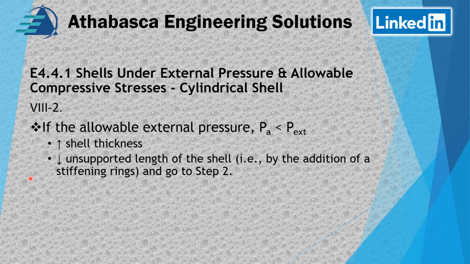Because in this particular example, you can take advantage of reducing the unsupported length to get to your answer, which tends to be the most economical. When we were working on pressure vessels or vacuum lines, we would tend to always use vacuum rings to get around that because it tends to be the lowest cost. And we just repeat this cycle until this allowable external pressure is greater than the required external pressure.